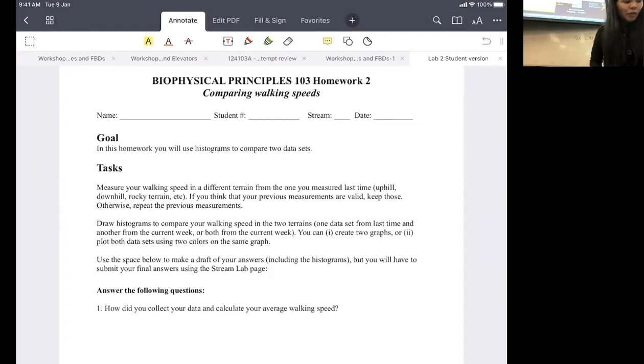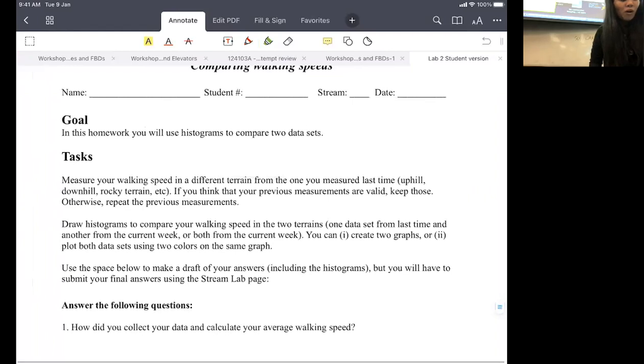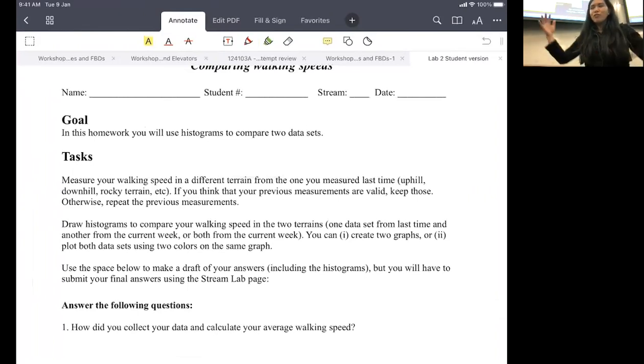For your homework, you need to again walk, get the distance and your time to calculate your speed, but this time using a different terrain from experiment 1. It could be uphill or downhill or up the stairs. If you're confined in your house, you can go up the bed, down the bed, a different terrain. Repeat that 5 times.